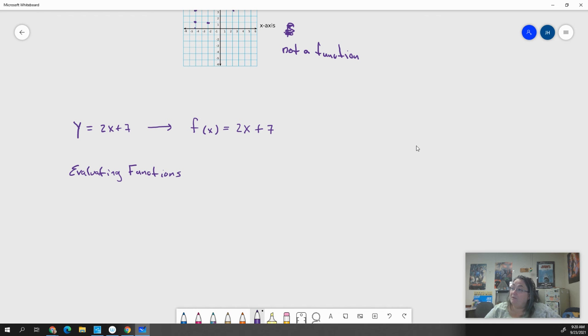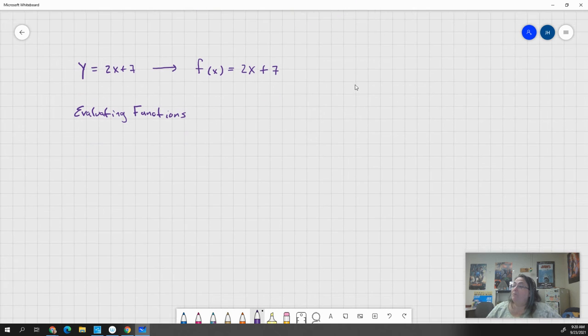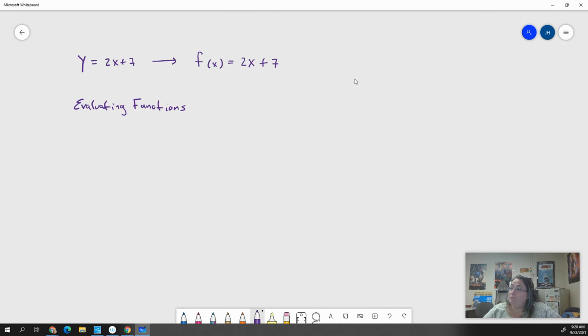So in this case, we've got f of x equals 2x plus 7. And if I wanted you to evaluate that function, for example, evaluate, I'm trying to use the language that you will get when you're doing these so that you recognize.